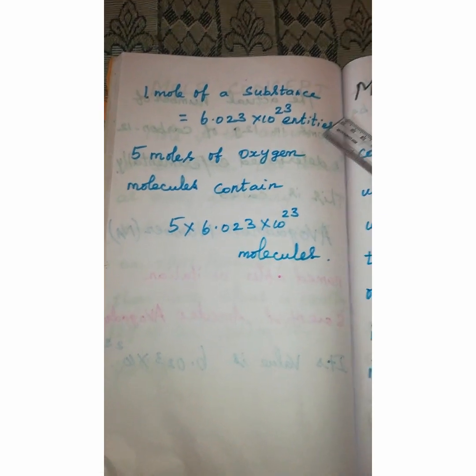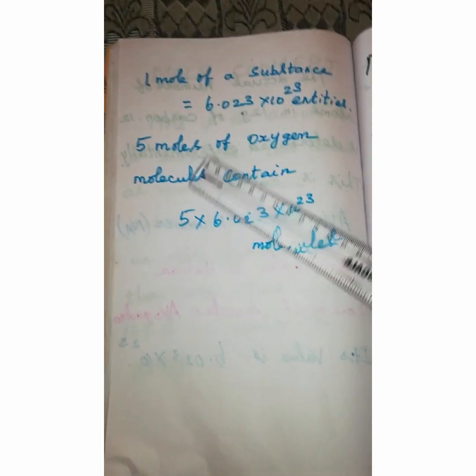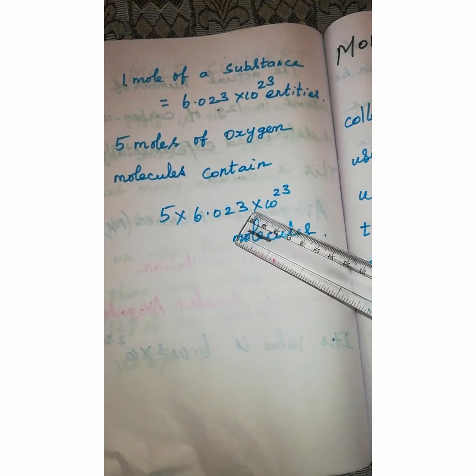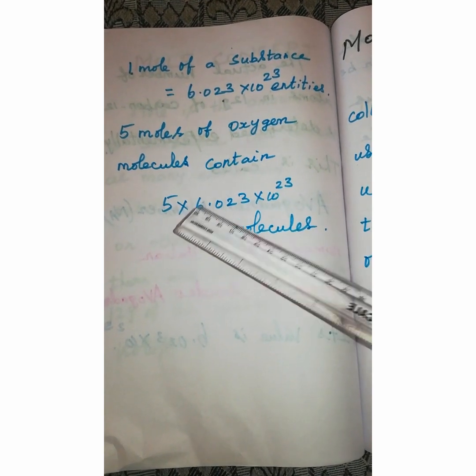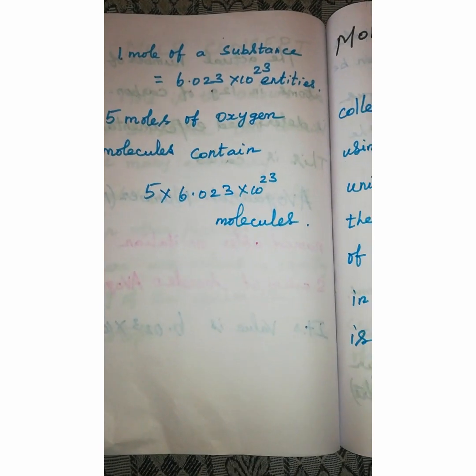Entities means atoms, molecules or other particles. So, 1 mole of oxygen contains 6.023 into 10 power 23 molecules, and 5 moles of oxygen molecules contain 5 into 6.023 into 10 power 23 molecules.